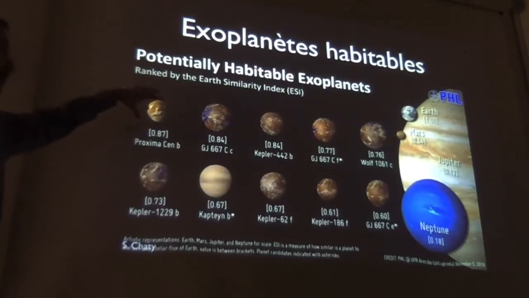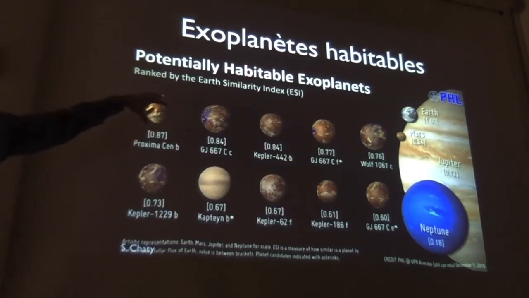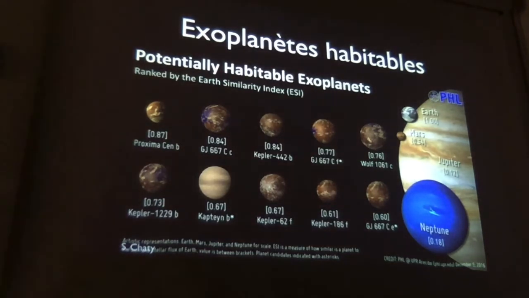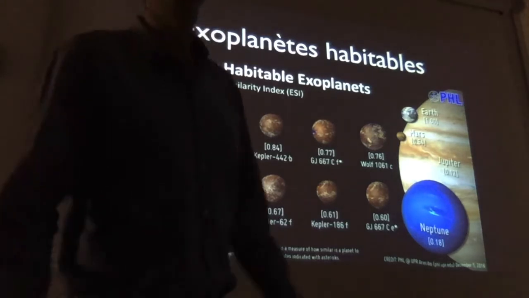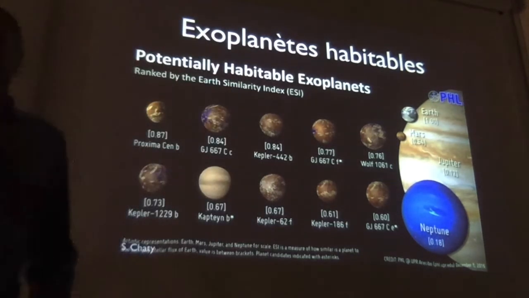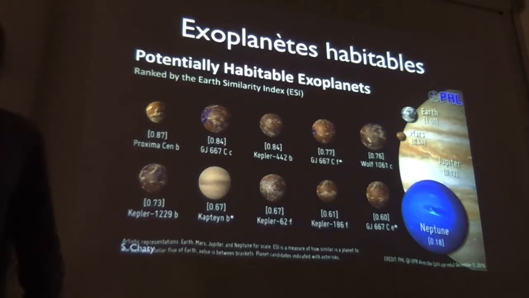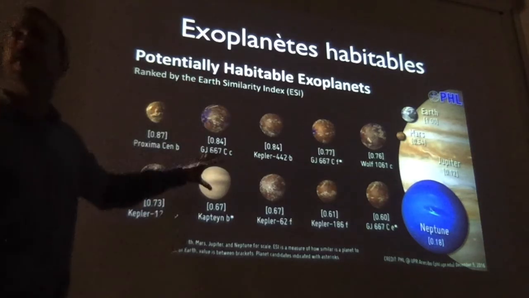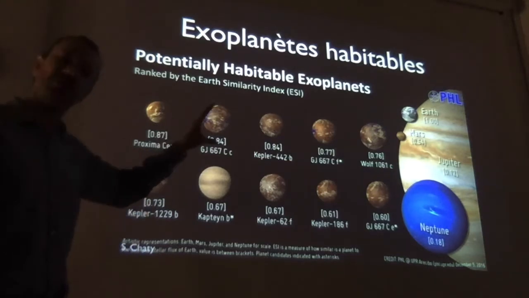Here you have one that you must know, which is Proxima Centauri. Okay, I will speak a bit later about this planet. It's an interesting system, also because it's the closest, which is why it's a bit exciting. And you see that the potentially habitable exoplanets are all rocky planets at a good distance from the star, depending on the luminosity of the star.